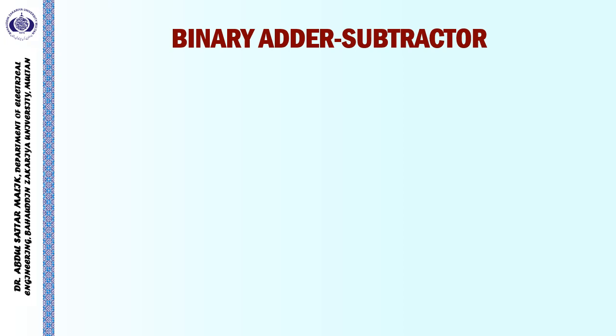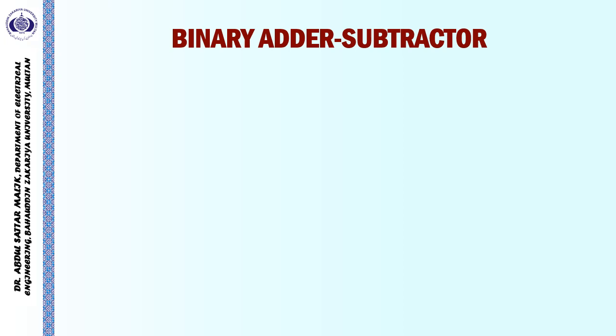Up till now, we have designed a parallel binary adder circuit, a circuit that is used to add two parallel binary numbers. We improved the performance of the parallel binary adder by designing yet another circuit called the look ahead carry generator, which was used to reduce the delay time of the parallel binary adder circuit.